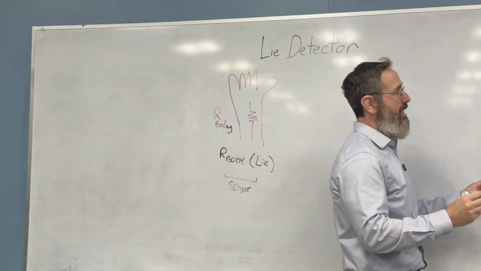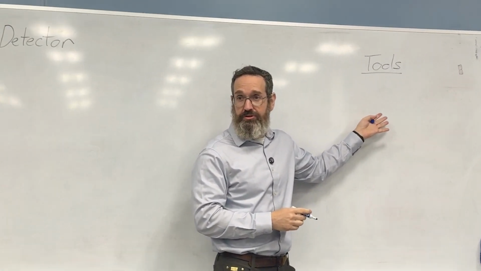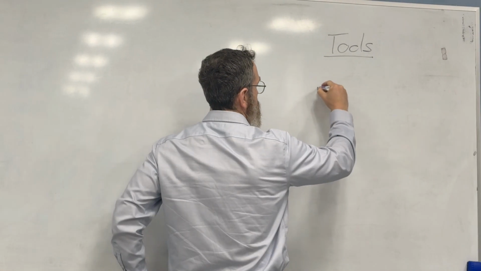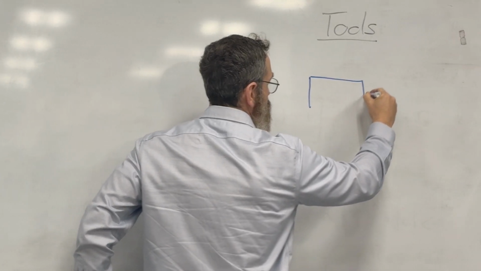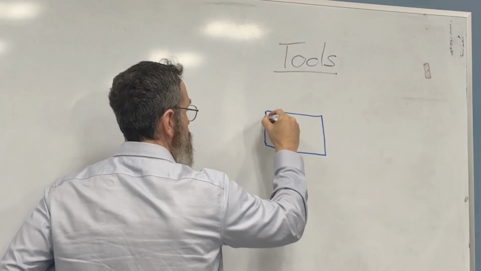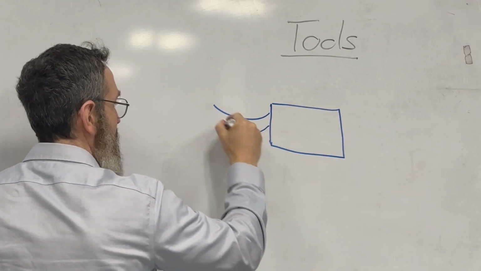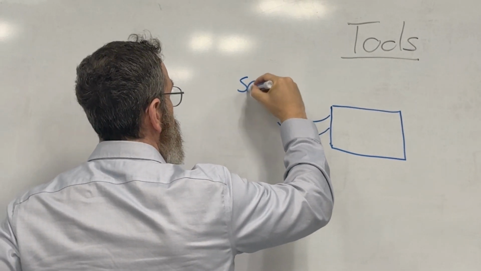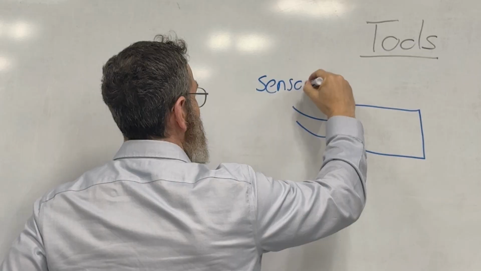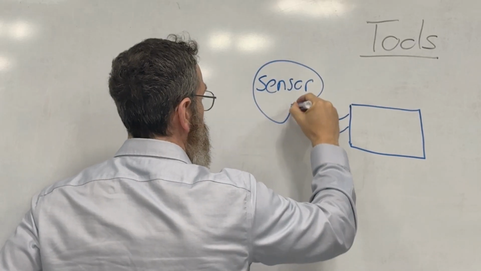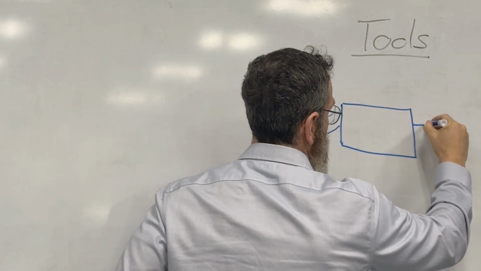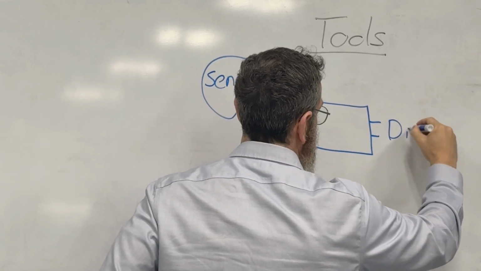Let's go back to how we conceive of every biomedical instrument. We have our circuit, and then coming out of it, we have our sensor. And then here, obviously, we have our display.